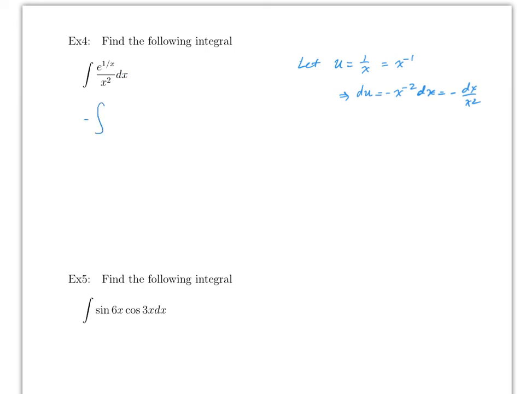So therefore this will be minus e to the u du, and this is quite possibly the easiest integral we have done before. This will be minus e to the u plus c. So it will be minus e to the 1 over x plus c. And that's it.